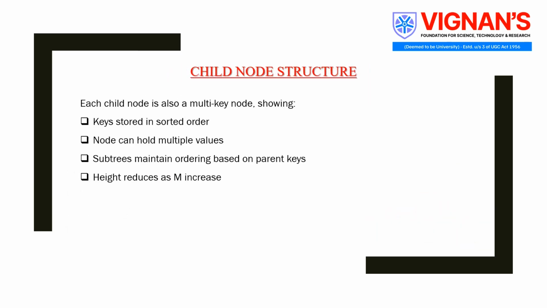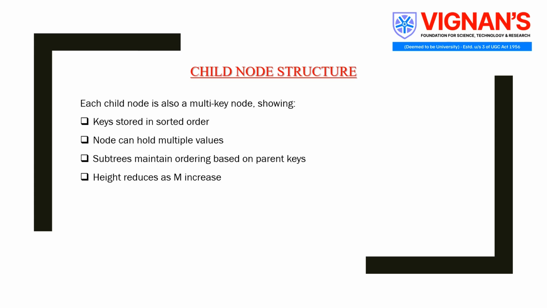Now, let us examine the child node structure in an M-way search tree. Each child node in the tree is also a multi-key node, just like the root. This means that every child node can store multiple keys, and these keys are always kept in sorted order. Because a node can hold more than one value, this helps reduce the overall height of the tree, especially as the value of m increases.